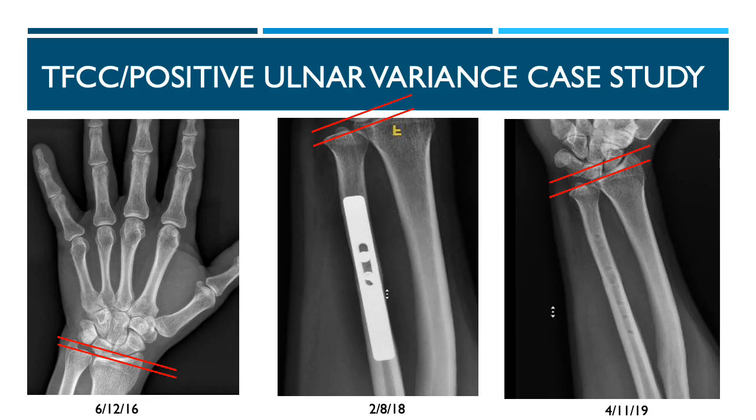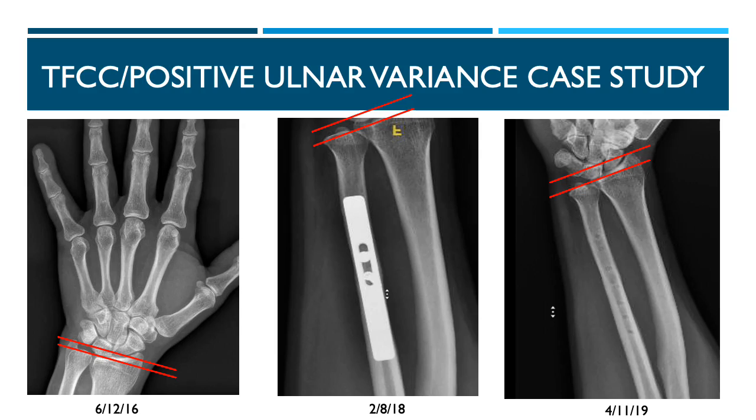Depending on the patient, there's not a standard set amount of bone that they take. It depends on how much extra length that person has. But they took a couple millimeters off his ulna and then did a debridement of the TFCC.